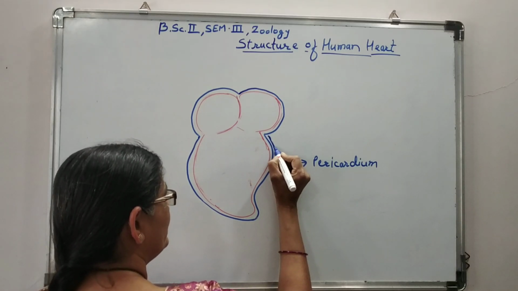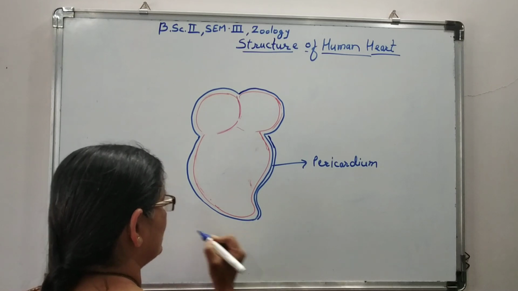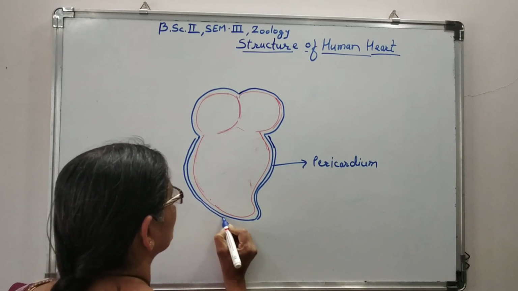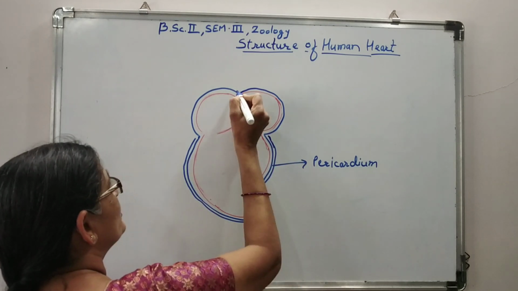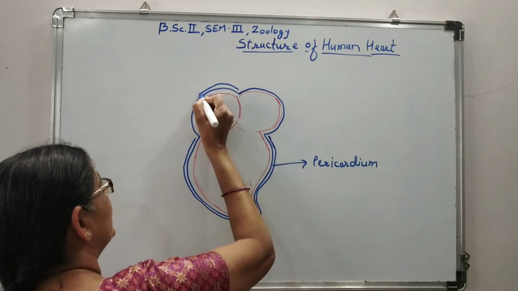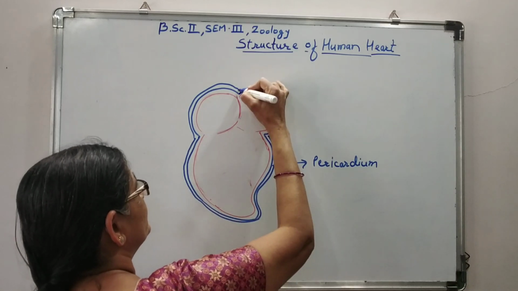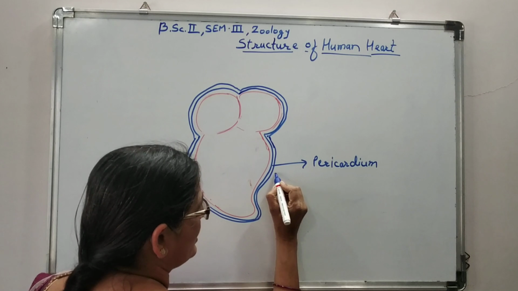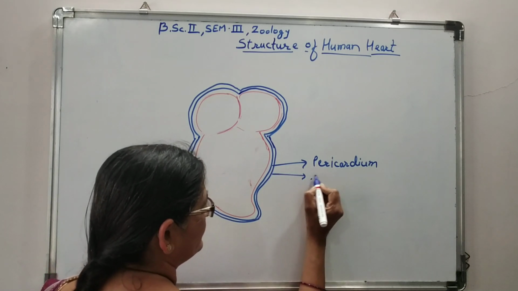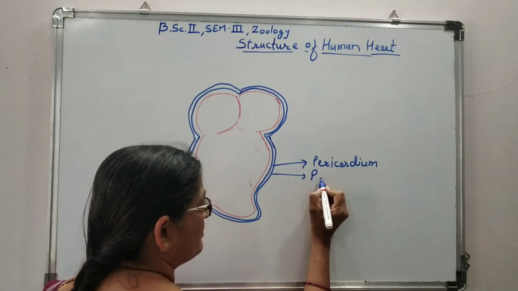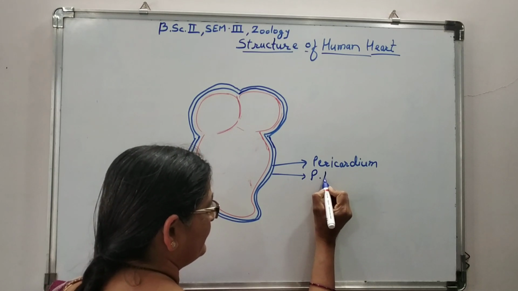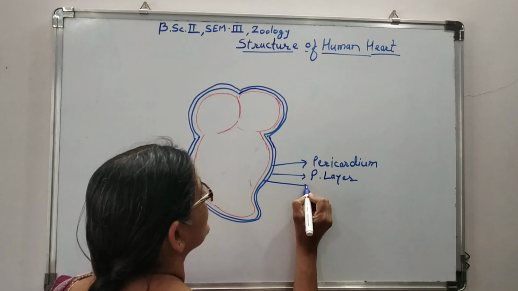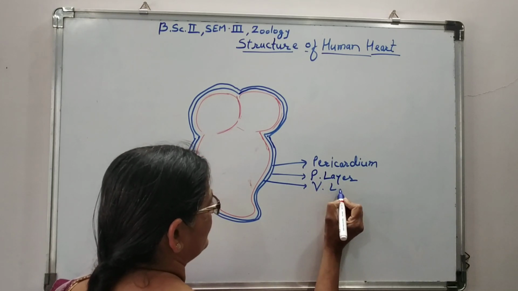The outer wall of the pericardium is known as the parietal layer and the inner wall of the pericardium is known as the visceral layer. This is the outer layer of the pericardium. It is known as the parietal layer and the inner wall is the visceral layer.